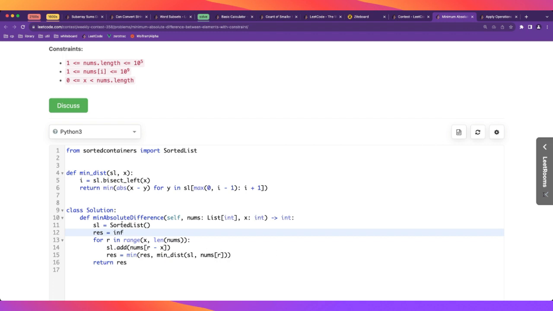So the takeaways are: make sure that you have some data structure that supports these kinds of operations like bisect left, and that you can add elements quickly.